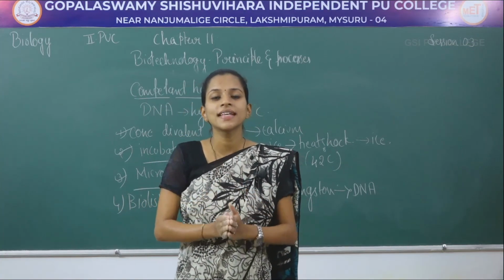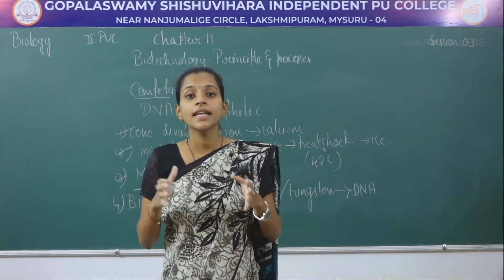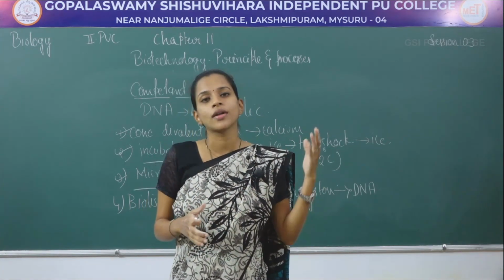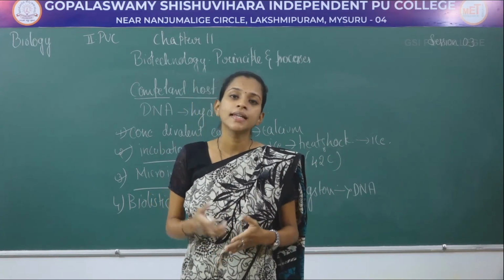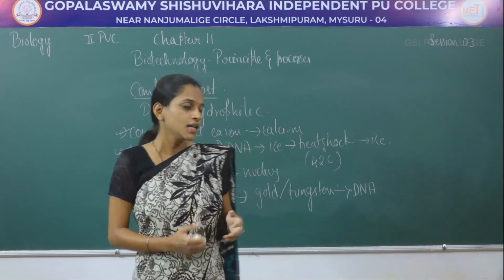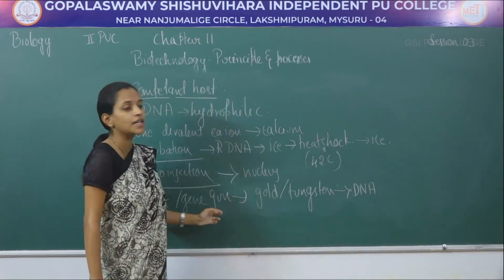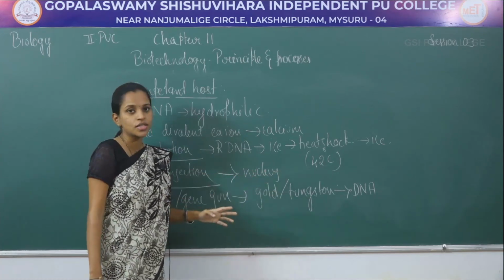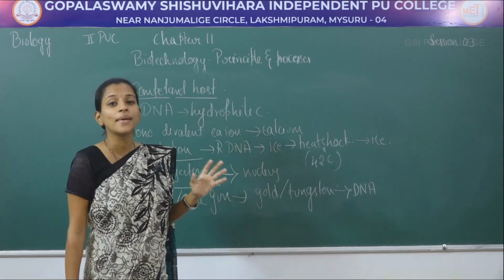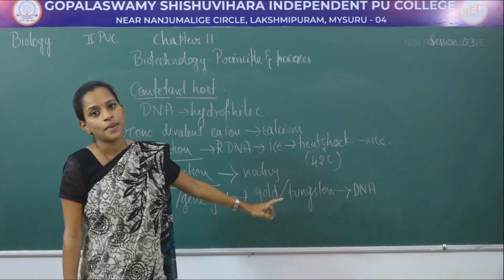So, here the plant cell is bombarded with DNA coated with gold or tungsten, which pushes the DNA directly inside the plant cell. So, this biolistic or gene gun method is restricted to plant cells.